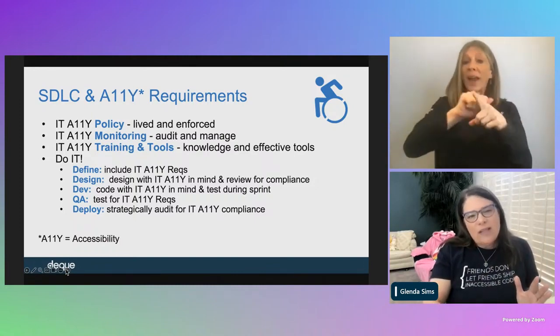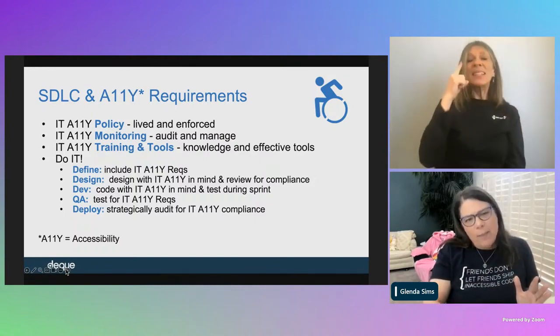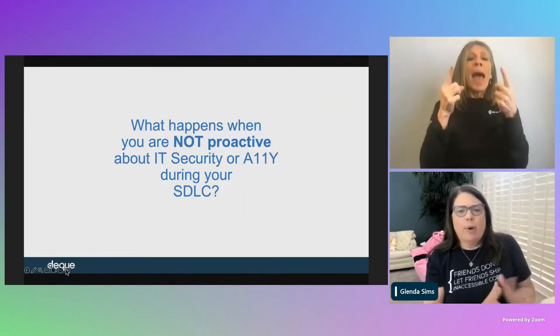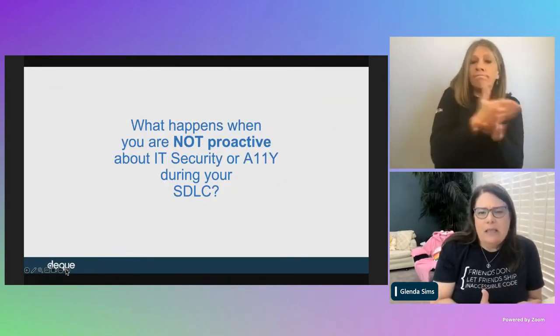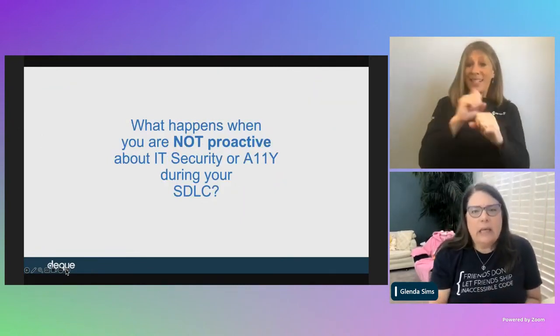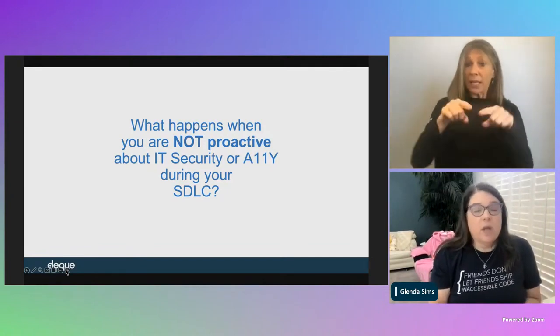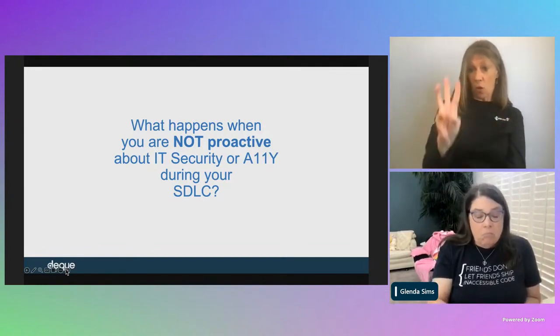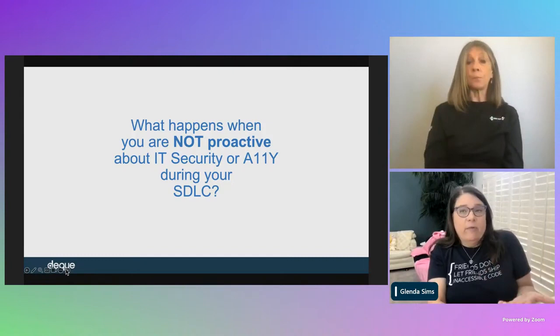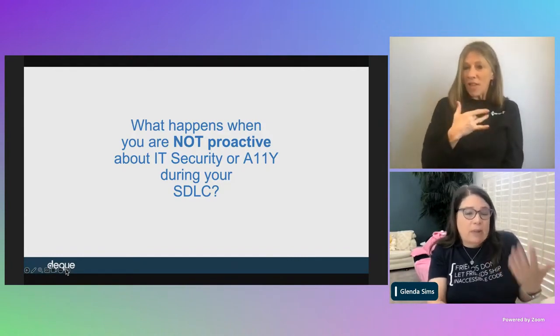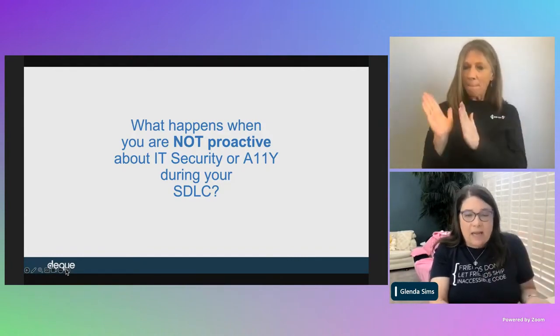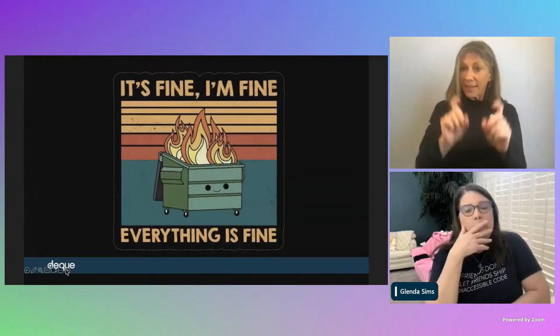So let's think for a moment what happens when we're not proactive about IT security or accessibility during the creation of software. How does that make you feel if it's not happening, not planned for, and not tested for until the end?